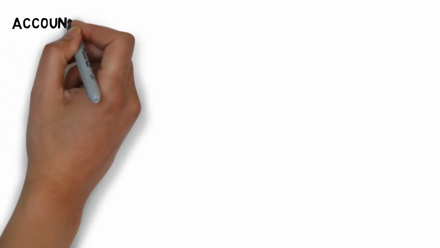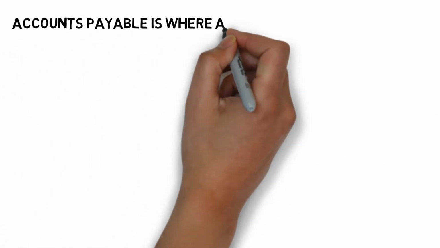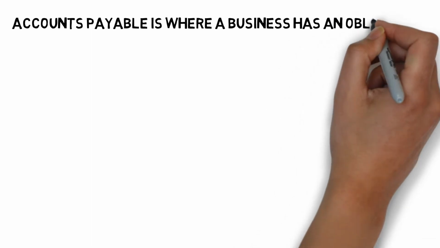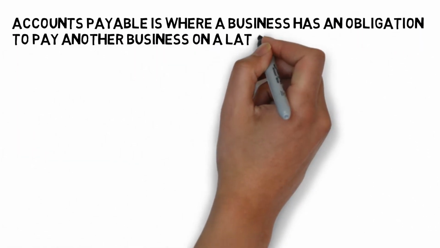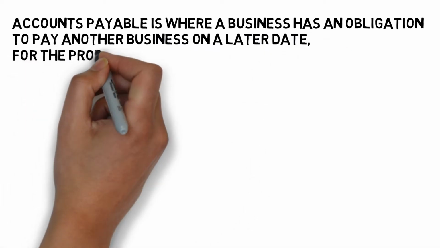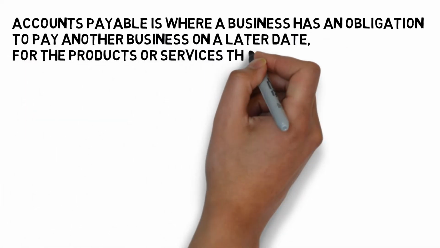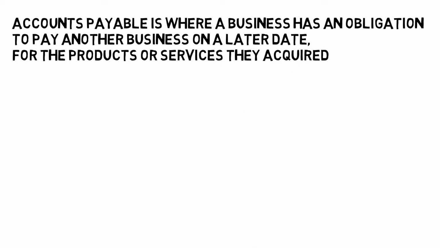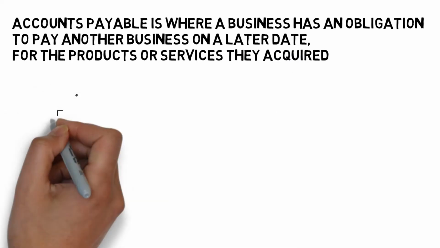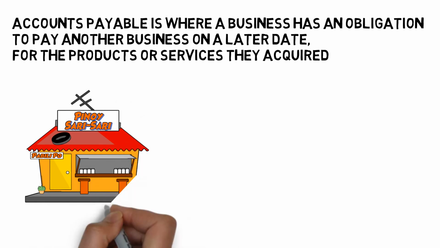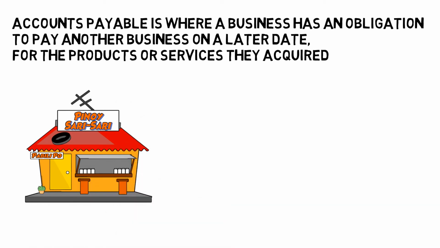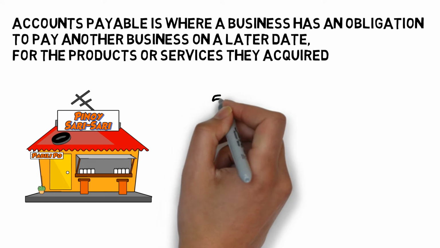The second accounting term is accounts payable. It is where a business has an obligation to pay another business at a later date for the products or services they acquired. For example, a sari-sari store gets their soda products from their supplier.